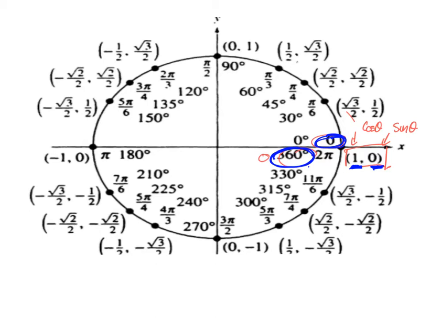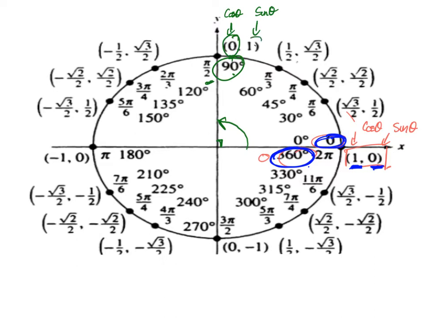Let's go up the top here and use the same information for this one. So again, we know that this is our cos theta and this is our sine theta. In this case, when you go around the circle 90 degrees, or pi on 2 as a radian, cos of 90 degrees is 0.